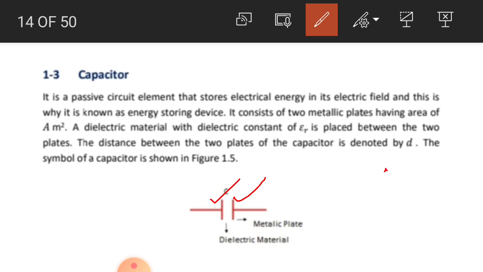The area of the metallic plate of the capacitor is represented by A. There is a dielectric material between the two plates of the capacitor, and the relative permittivity, which is also known as the dielectric constant of the dielectric material, is represented by epsilon r. We may use air as a dielectric material as well, and we know that the dielectric constant of air is 1.